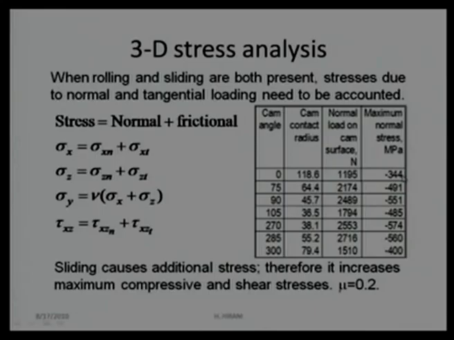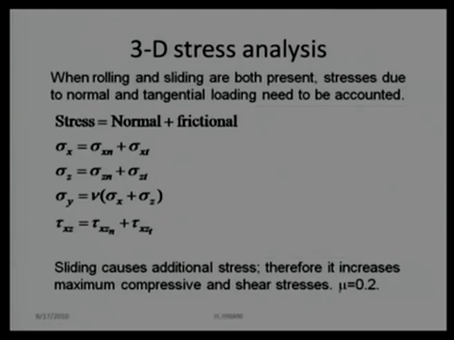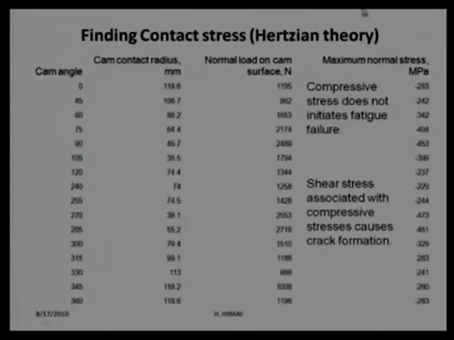Initially it was roughly 280, now it is coming around 344, reaching 574 maximum. In the previous slide we showed the maximum value as 471 megapascal, while accounting this it is 473 megapascal.